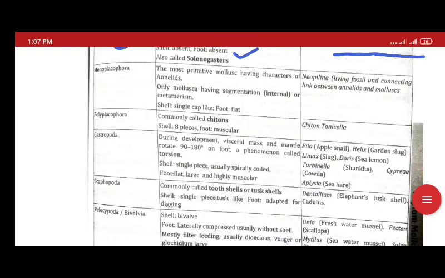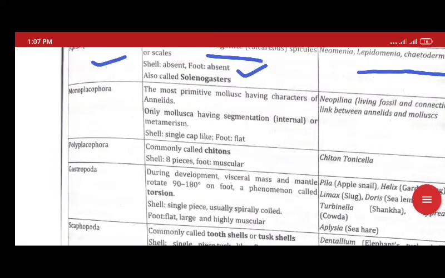Now the other is Monoplacophora. In Monoplacophora we have the most primitive characters like Annelida. The larva is also like Annelida, so you can easily remember.